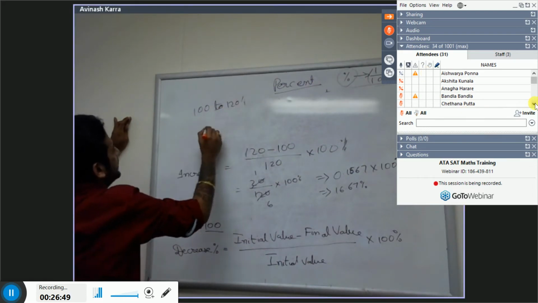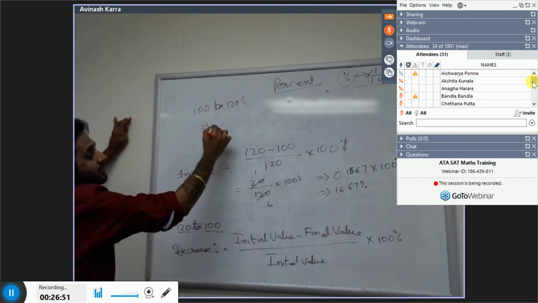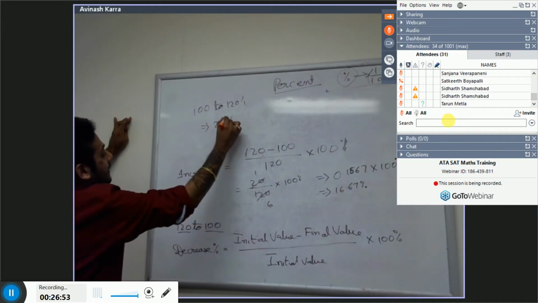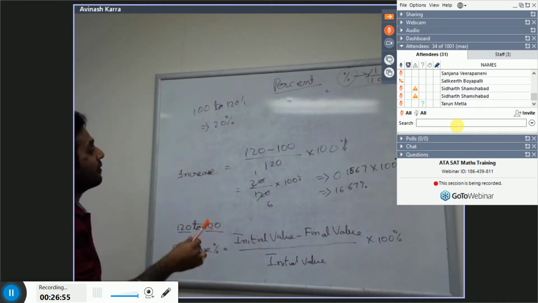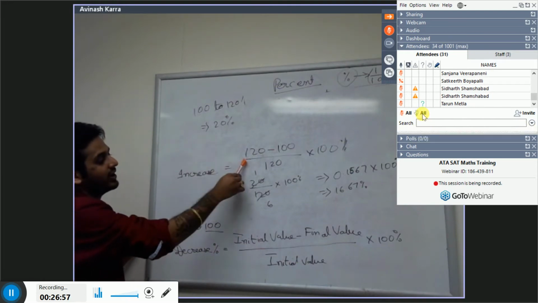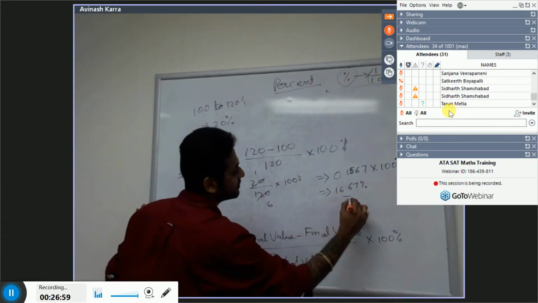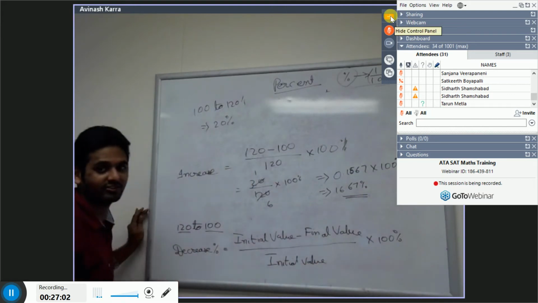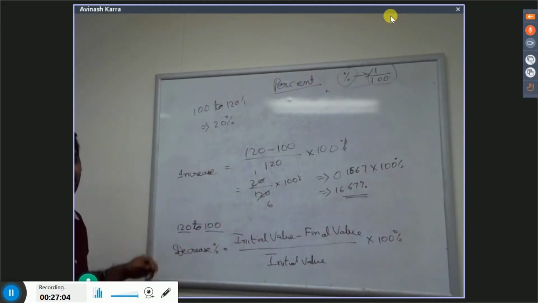here the increase percentage is 20%. But the same number, when it decreased from 120 to 100, the decrease percentage is 16.67. So guys, just be careful.